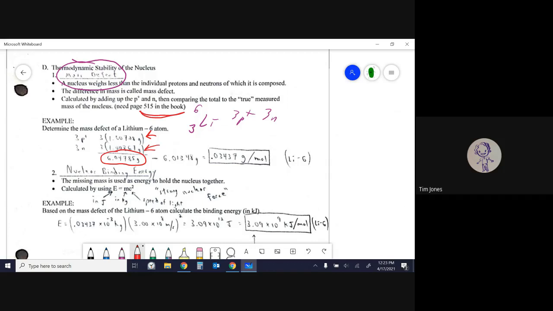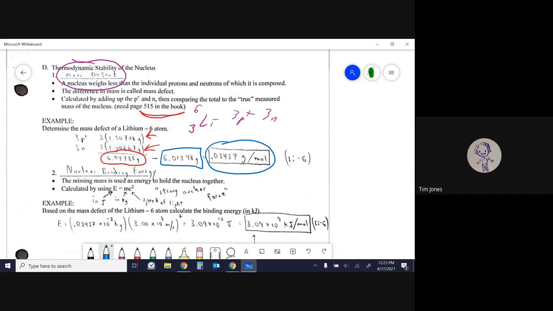The nucleus of a lithium-6 atom actually weighs this. And you'll find that on the chart on page 515. This missing mass, if you calculate it right here, is what's called the mass defect. That's how much mass is missing from the nucleus.